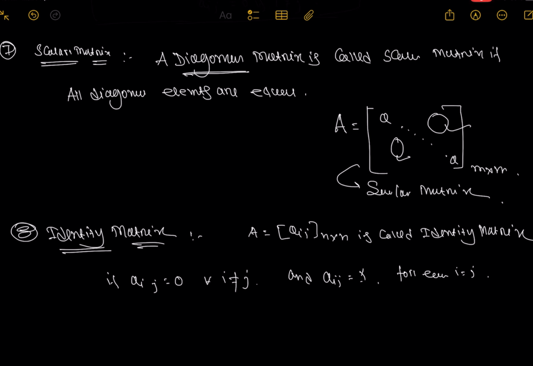This is a diagonal matrix. It can be written as A equal to [1 0; 0 1].